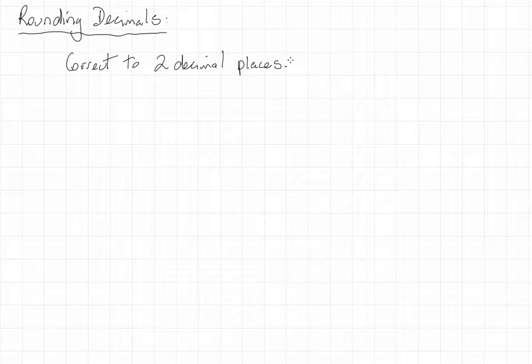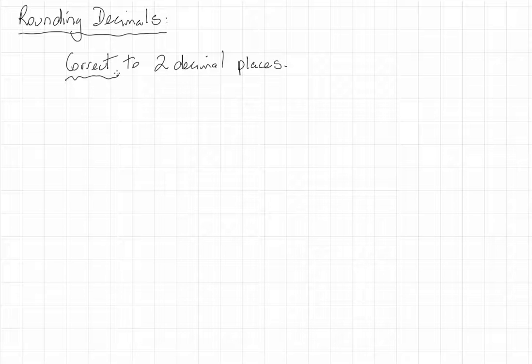So the mathematics we're performing is as exact as we need it to be. And when you give your answer, if you're not told how many decimal places, just give your answer correct. Now that word correct at 2 decimal places is important.